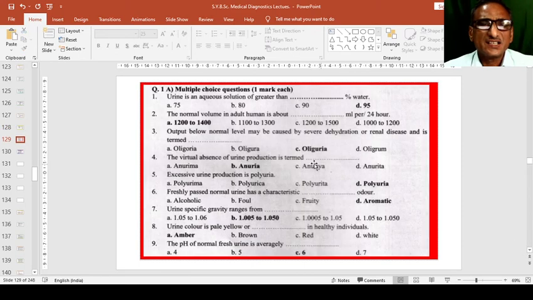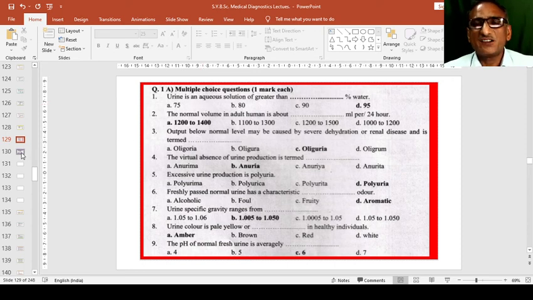Then at the end of your chapter, objectives are given for your exercise. Urine is an aqueous solution of greater than 95% water. You read these objectives, and the answers are highlighted here. In the previous chapter, the answers were not given; you have to find them from the upper slides, from what I have shown you and the lectures I have delivered.